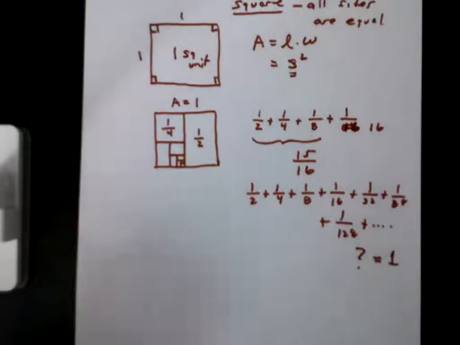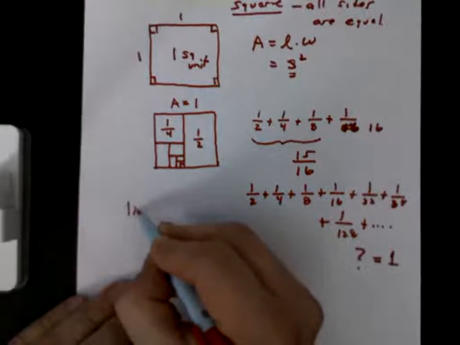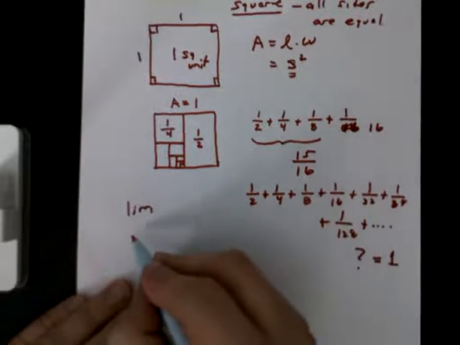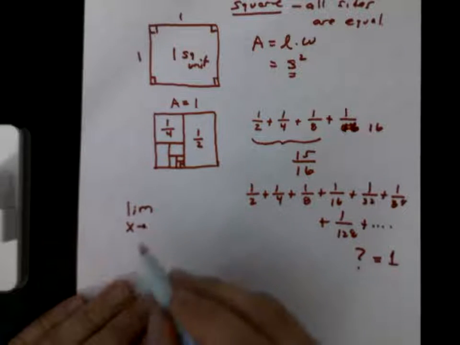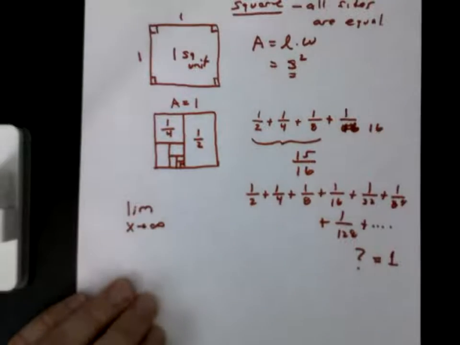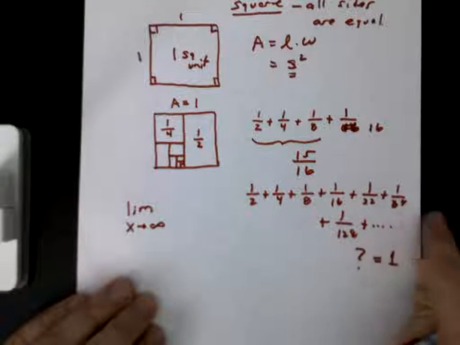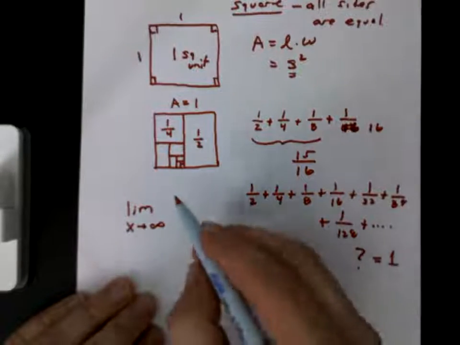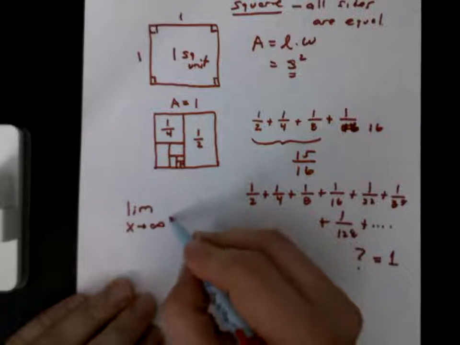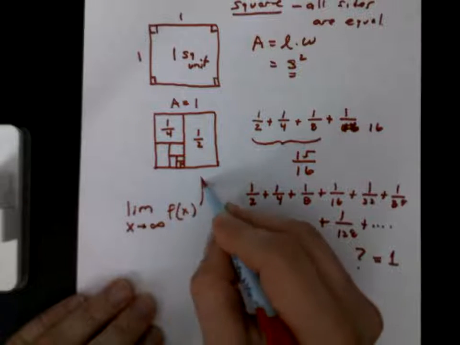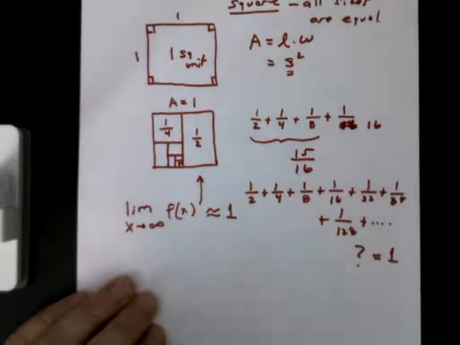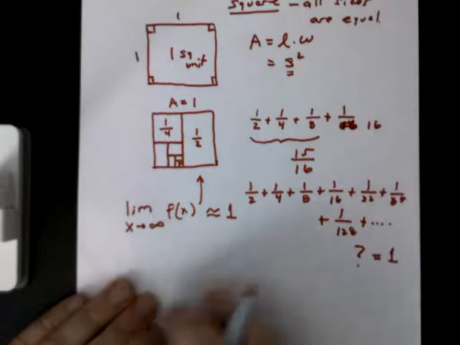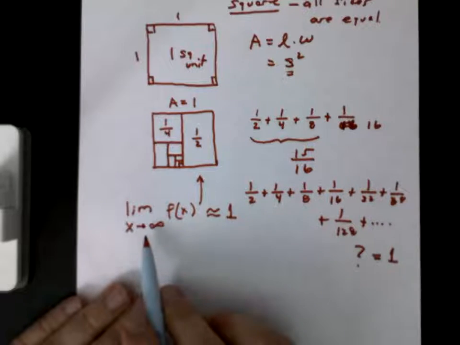Back when we got into limits, you're saying as we approach infinity and keep doing this forever, will our function, which is this guy up here, be equal to 1? That's what we are trying to discover.